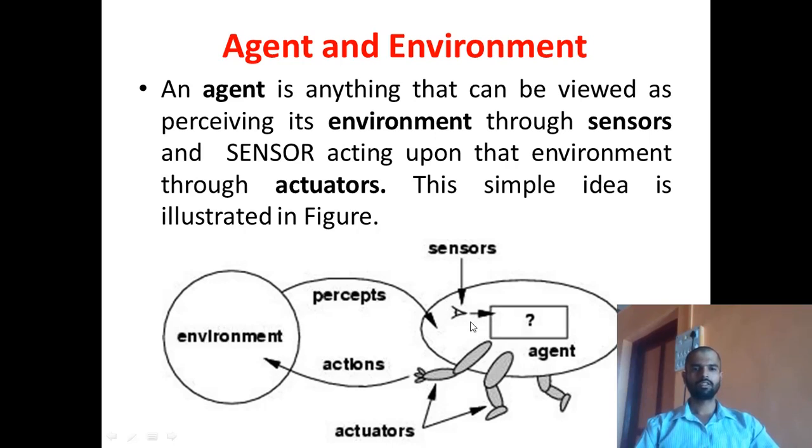The person playing with that robot will catch that football. So this is an example of the agent behaving in the environment.